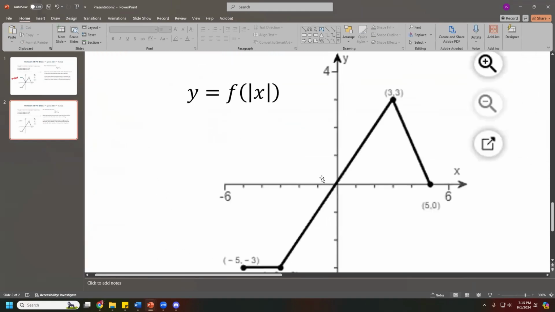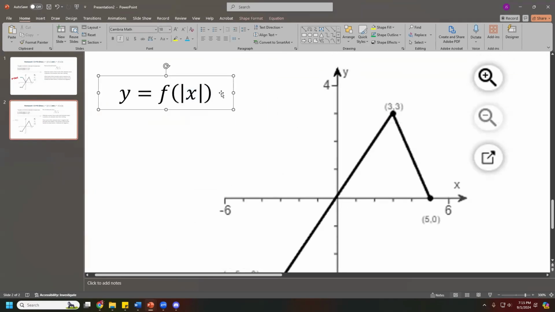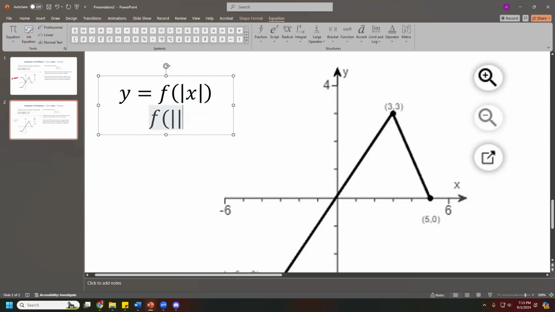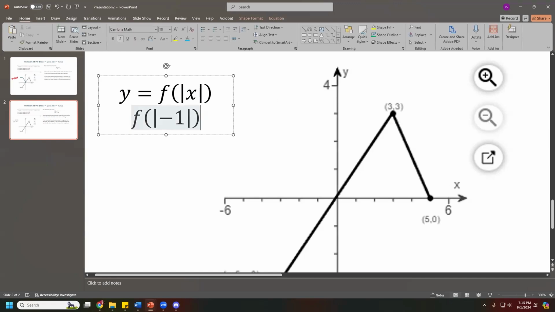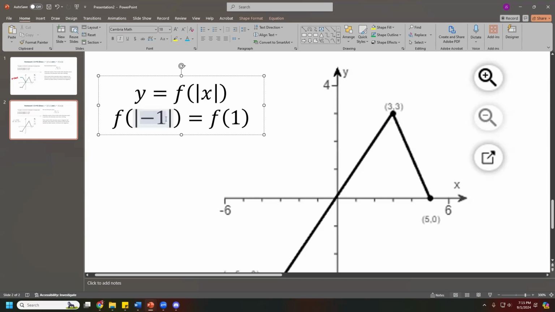All right, so I'm interested in what happens when I plug in negative x values. So let's actually do that. If I have f of absolute value -1, what this means is I'm really going to have f of +1, because the absolute value changes this -1 into a +1.